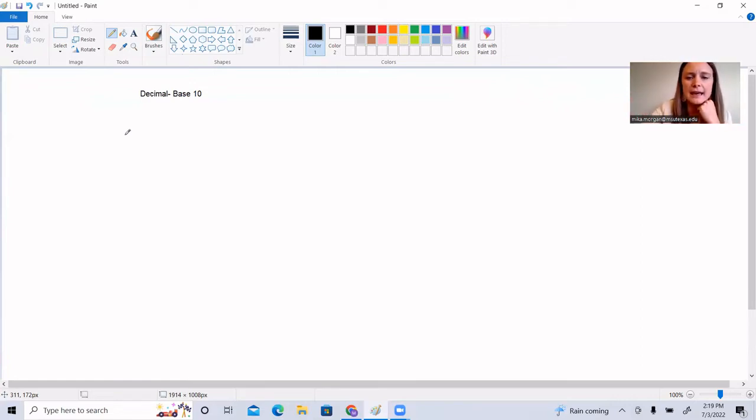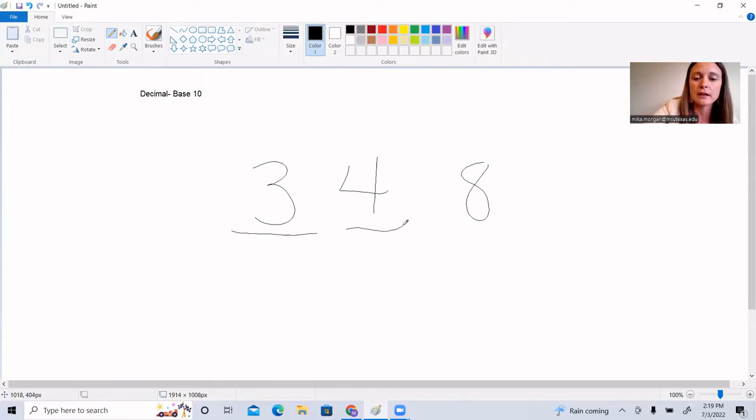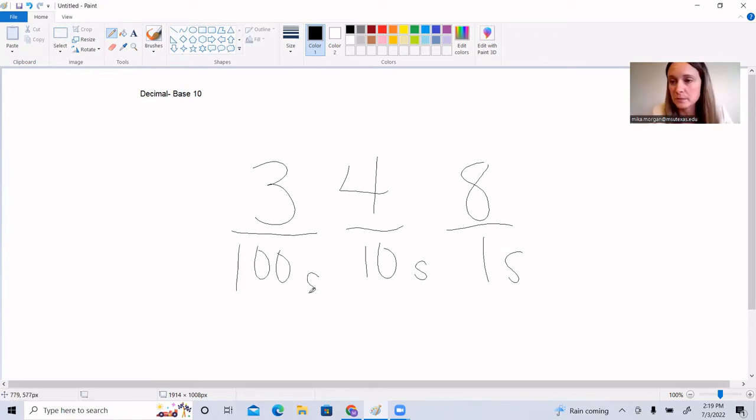So I'll give you a visual of what I'm talking about here. Let's say you were to represent a 3-digit number, like 348. And when you were back in elementary school, you learned how to represent this 3-digit number. You learned that this was your ones place, and this was your tens place, and this was your 100s place.